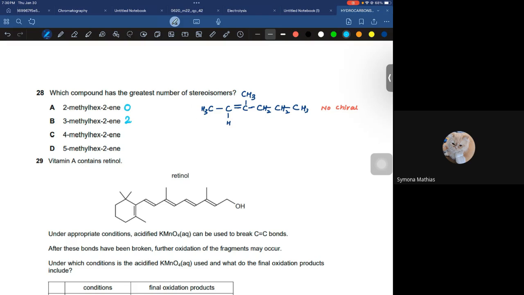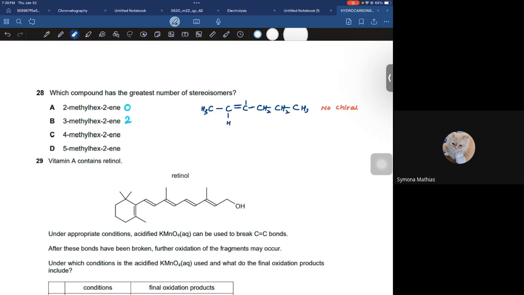You're not supposed to draw. Obviously, it's 100% sure that it's going to make one cis and one trans, because I told you one double bond is equal to two isomers, one cis and one trans. Then you are supposed to check option C. They are saying 4-methyl hex-2-ene.